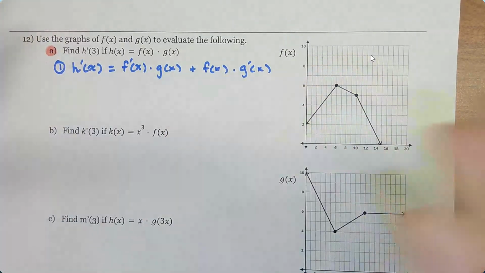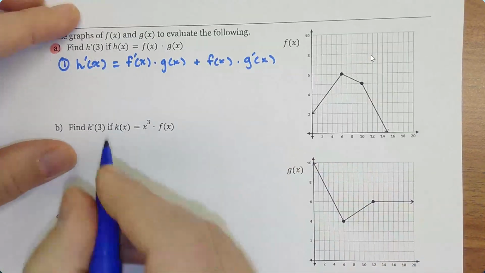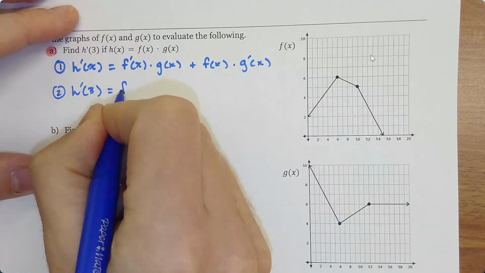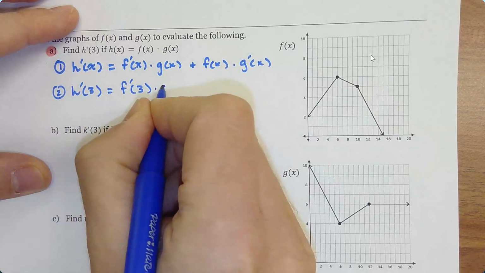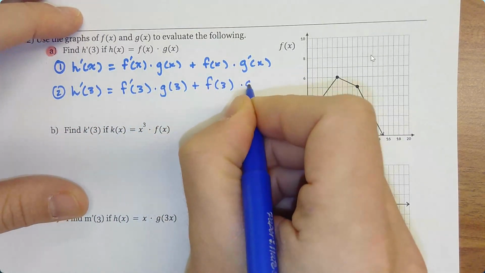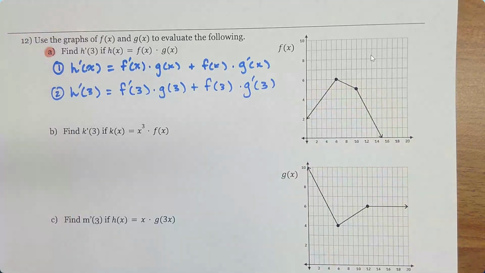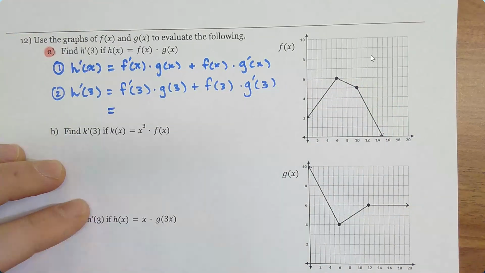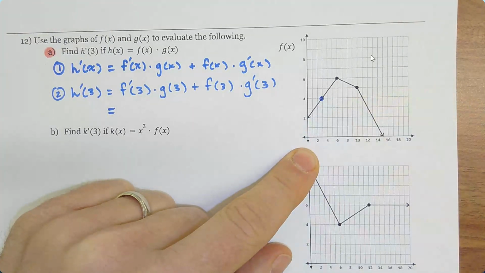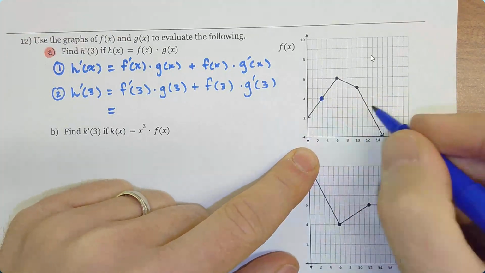So first thing you're going to do is recognize that this is product rule. And then you're going to plug in a 3. And then let's evaluate. Here's 3 on Franny.